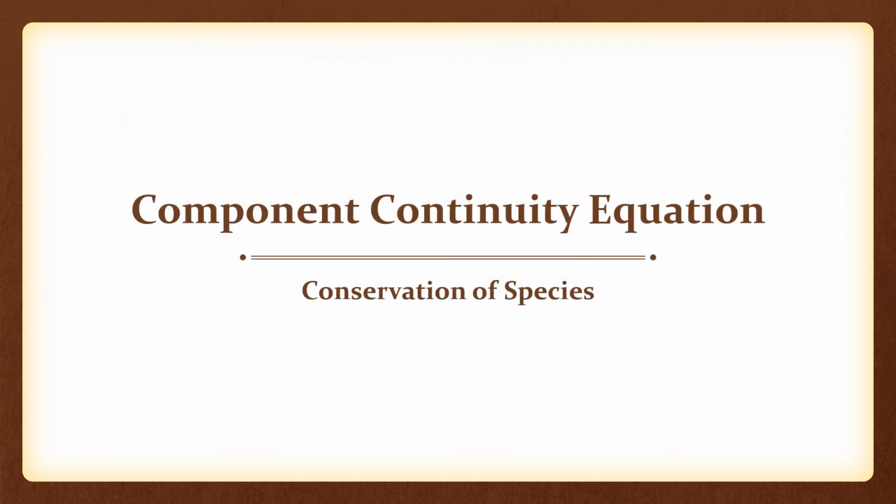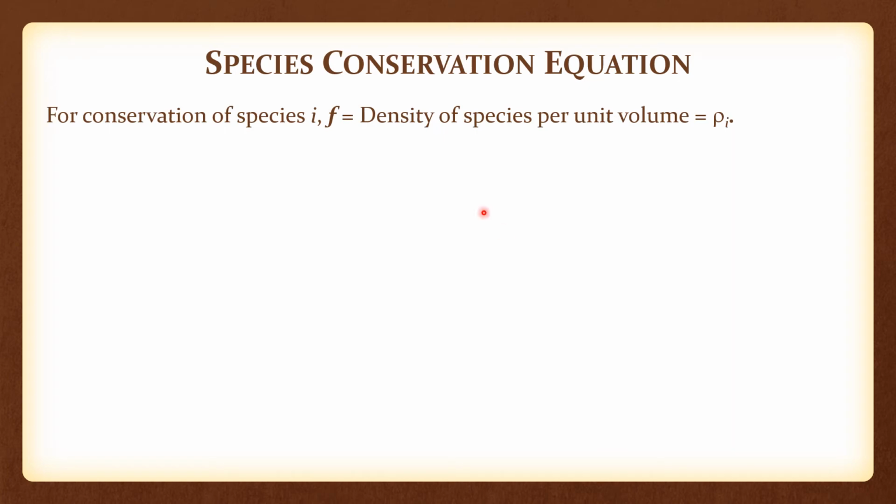Now, if you were to look at the component continuity equation, or the conservation of species, for any species i, f is the density of that particular species per unit volume, that is given by rho i. Now, if this density were a molar density, this would be Ci, the concentration of that particular species, number of moles of that species per unit volume. The species flux is rho i Vi.